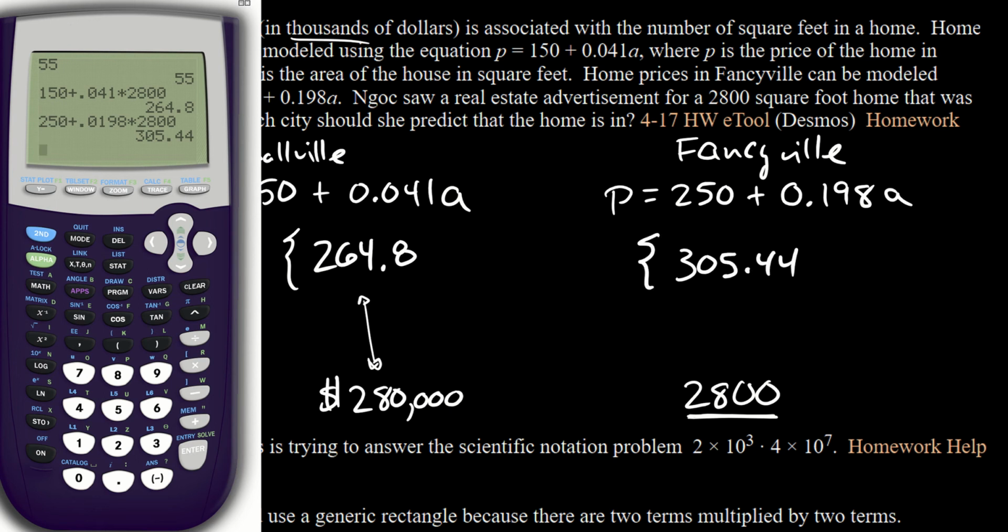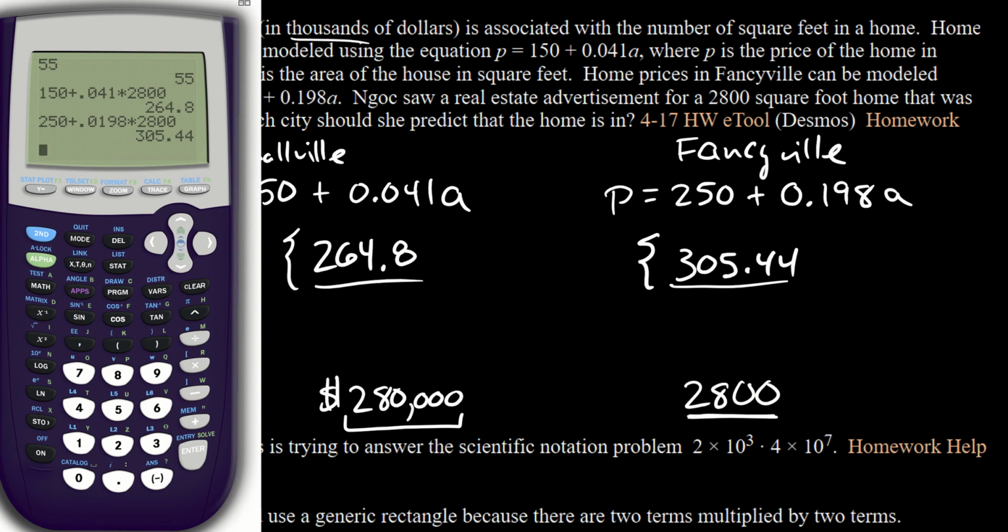Okay, so that's the predicted cost in Fancyville. So you can see what's interesting is, this house has a cost that's above what would be predicted for Smallville, right? Smallville is predicting the price should be 264.8, and Fancyville is predicting it should be 305.44. So this house price is right in between the two.